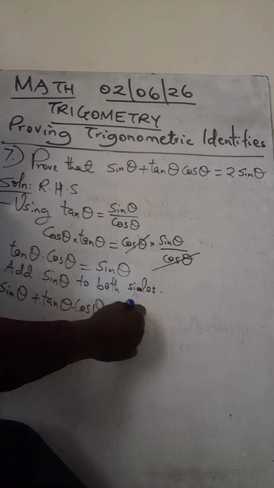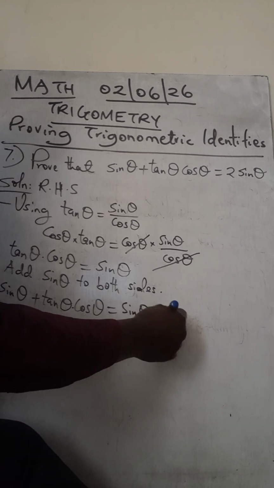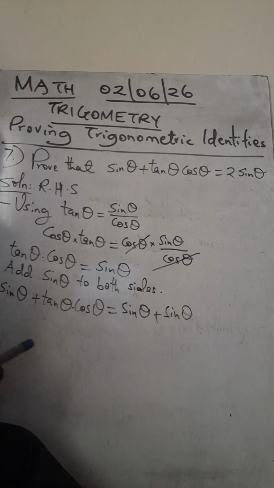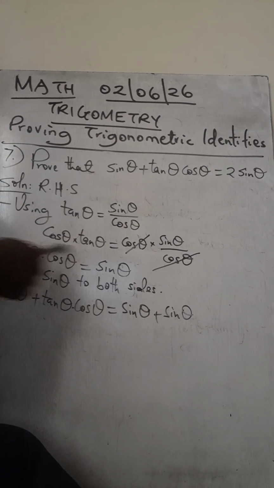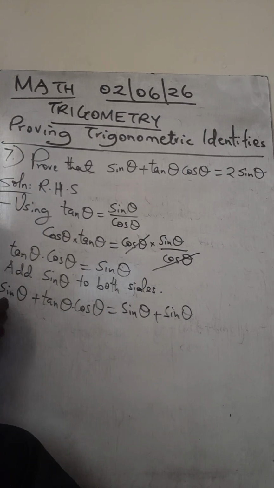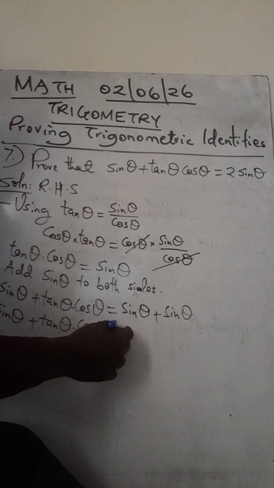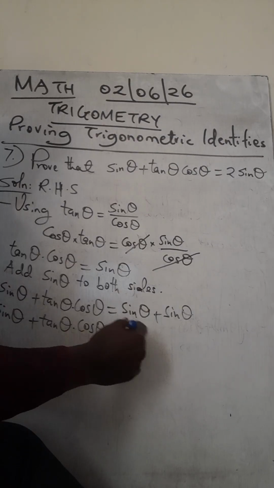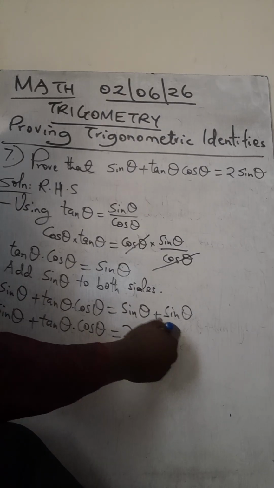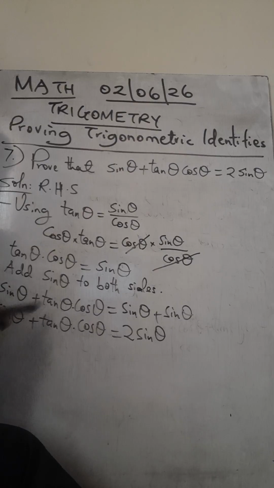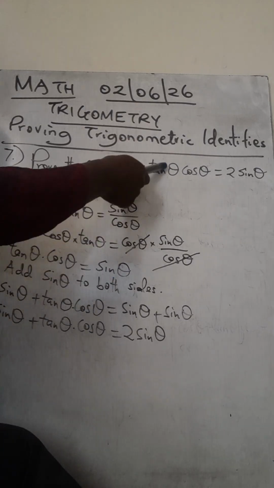You also do the same on the right hand side, tan of theta plus sine of theta. What I've done, I've just added sine of theta here and here. So sine of theta plus tangent of theta cosine of theta equals this plus this is 2 sine of theta. And that is what we have here, I think. You can see that.